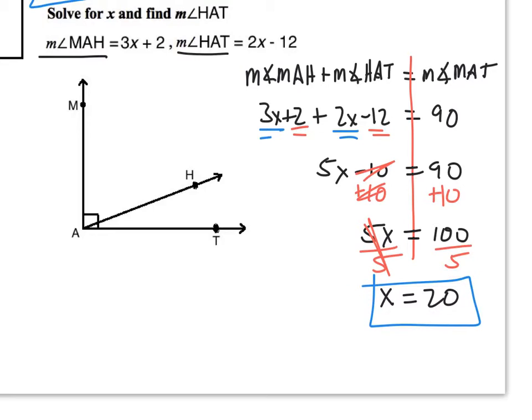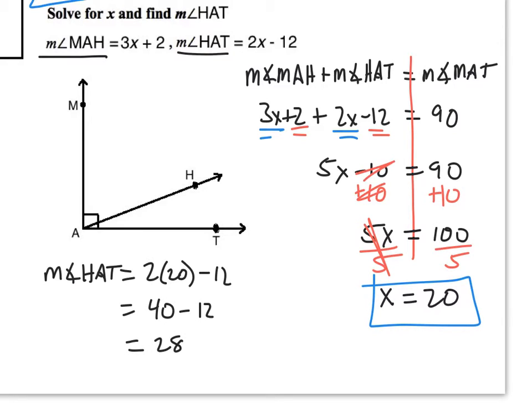And we plug that back in to find the measure of angle HAT. Because again, always pay attention to which angle they're asking you to find. Always read directions. So the measure of angle HAT is 2 times x, which is 20, minus 12. So this is 40 minus 12, which gives us 28 degrees.